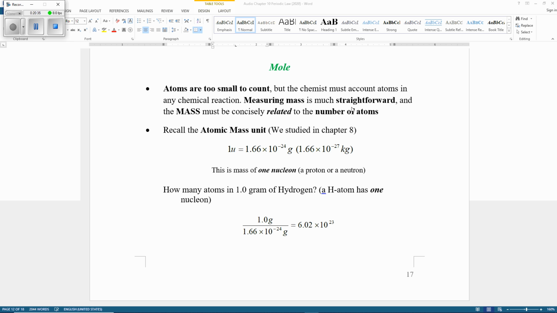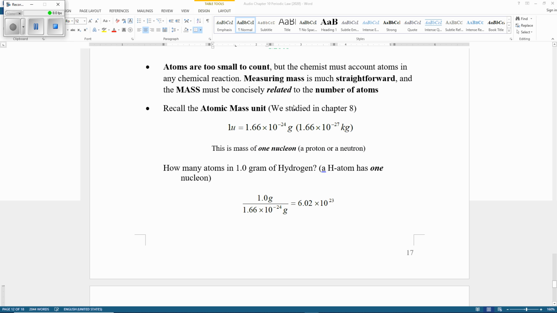So measuring mass is more straightforward. Then we need to find the connection between the mass and the number. If you know the connection, we just measure the mass, find the weight, then you know the number of atoms in the sample. You just need to know the weight of the water in the beaker, and you know how many molecules are inside.